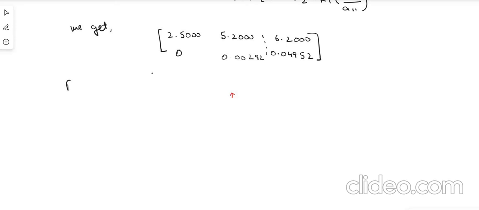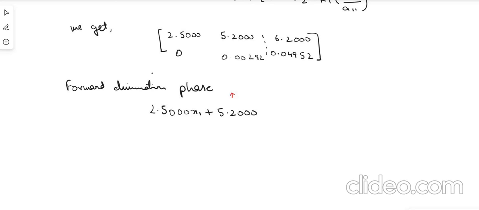Now using the forward elimination phase, the equations we get are 2.5000 x1 plus 5.2000 x2 equal to 6.2000.